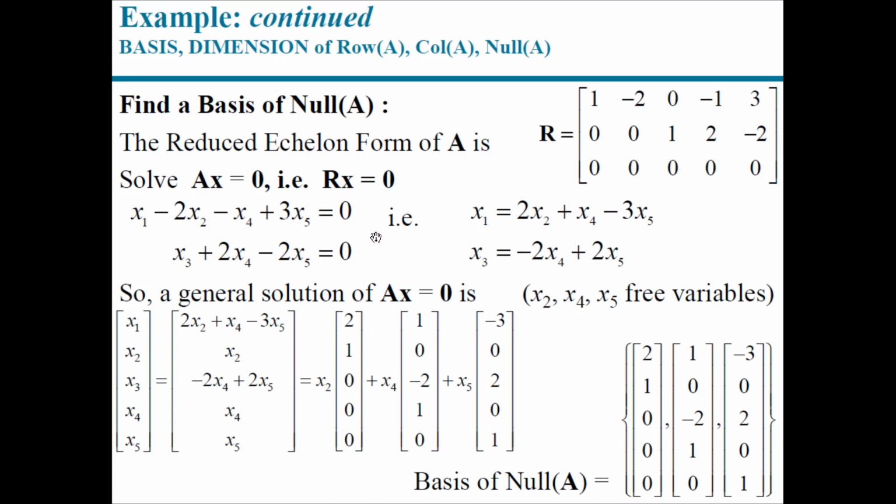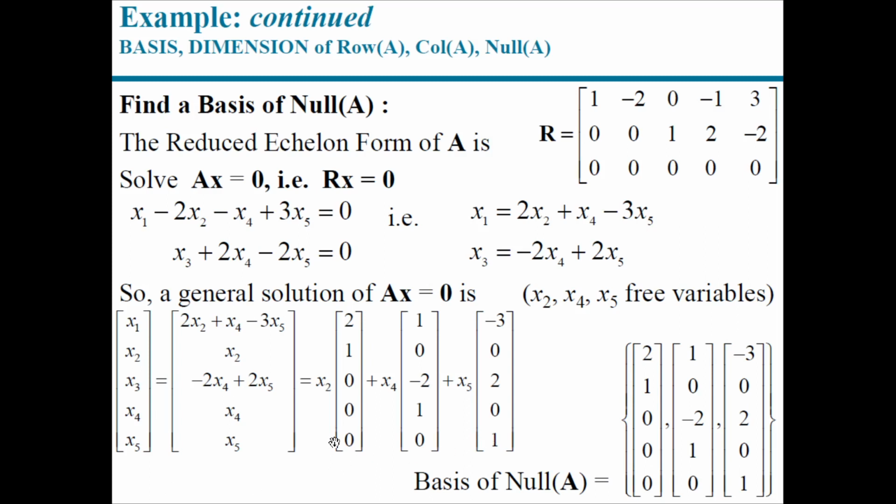Write your system properly, find the correct expressions, so you know that you have x1 and x3 as main variables, and x2, x4, and x5 are free variables. So your system has 5 unknowns. Write your solution properly. This is the only place you need to work, so please pay attention.